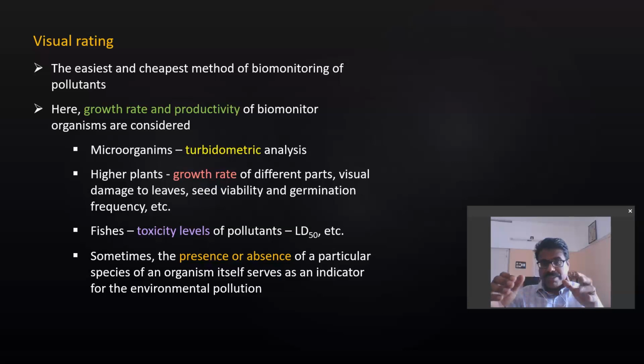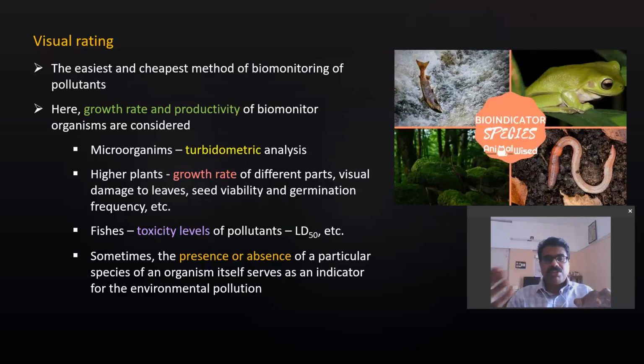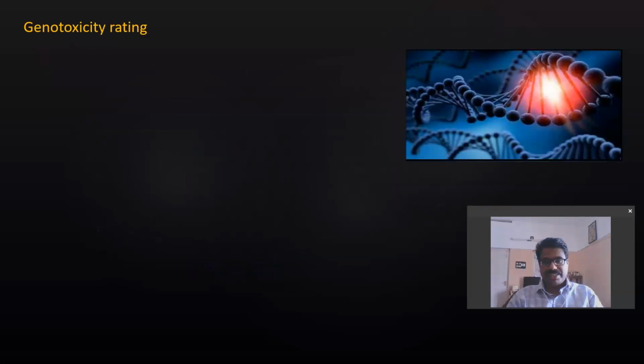So that means if amphibians are present in a particular water body, that water body is comparatively purer, or less polluted. So the presence or absence of a particular species serves as an indicator. These are some of the bioindicator species: some fishes, frogs, some plants and some earthworms. These are all bioindicator organisms.